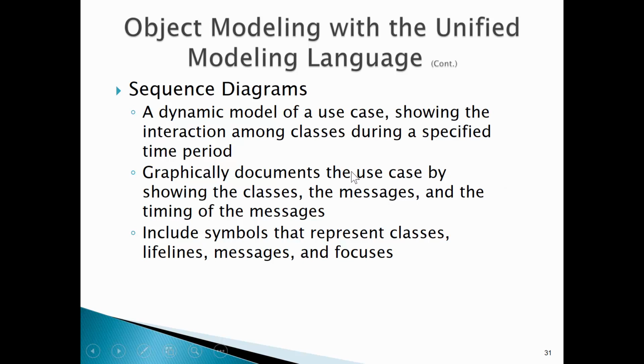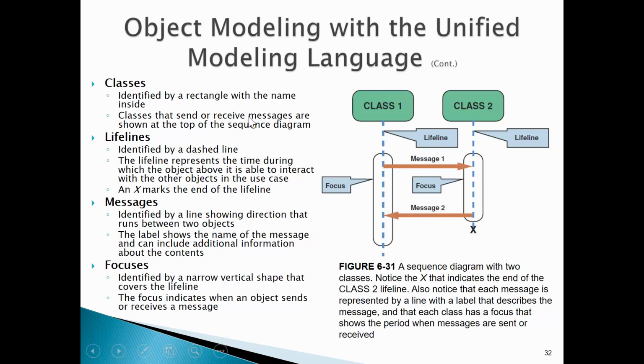It graphically documents the use case by showing the classes, the messages, and the timing of the messages. So include symbols that represent classes, lifelines, messages, etc. So here's a class. This is its lifeline, how long that object is going to exist. Okay, before we may do something like store it back in a database, then we're done with that object.